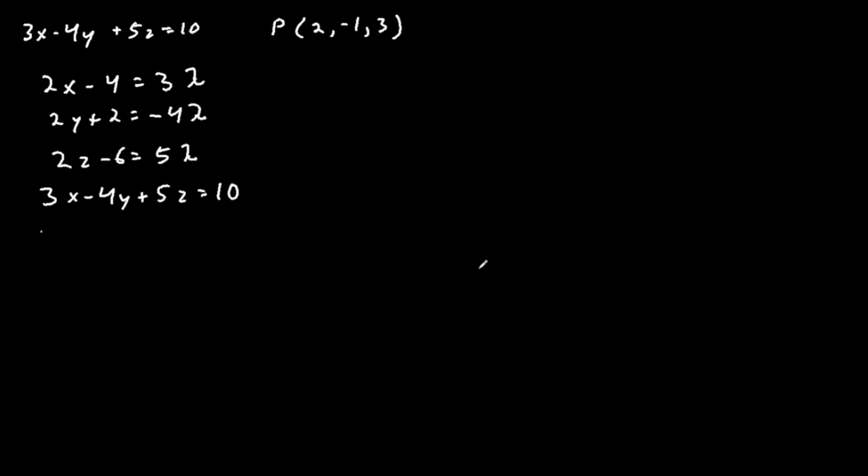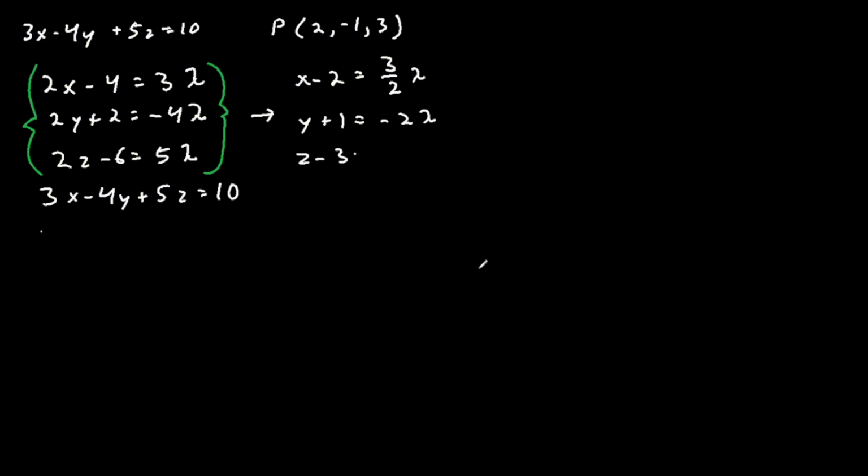Let's start by isolating this section here. We can simplify this part further by isolating x, y, and z and making x, y, and z a function of lambda. If we isolate x, y, and z slowly, we get x minus 2 is equal to 3 over 2 lambda. Y plus 1 is equal to negative 4 over 2, which is just negative 2 lambda.